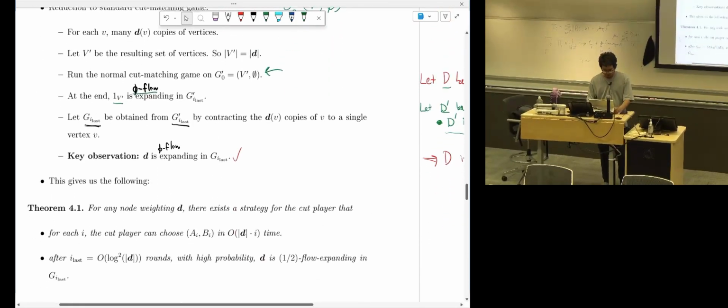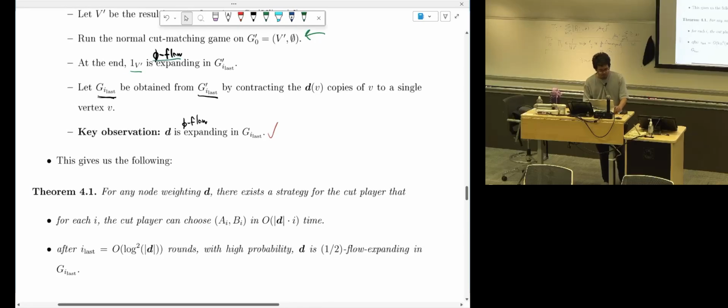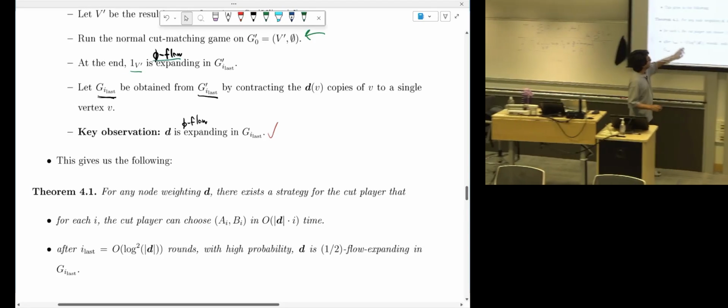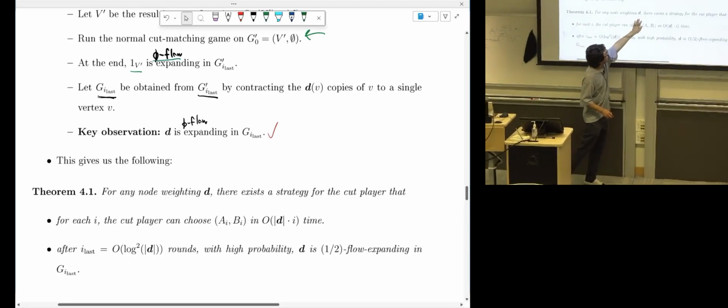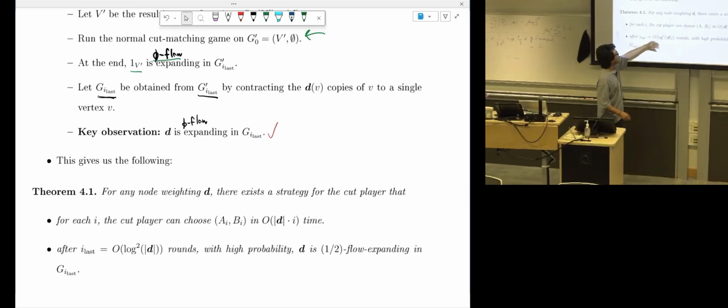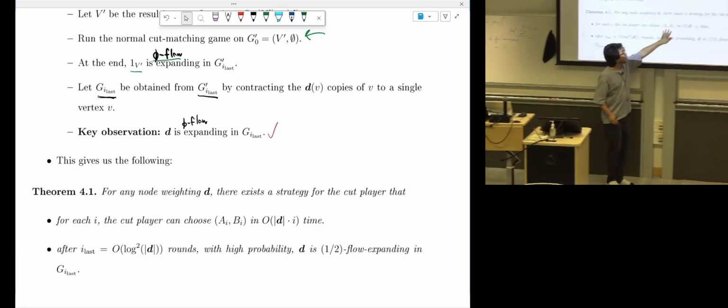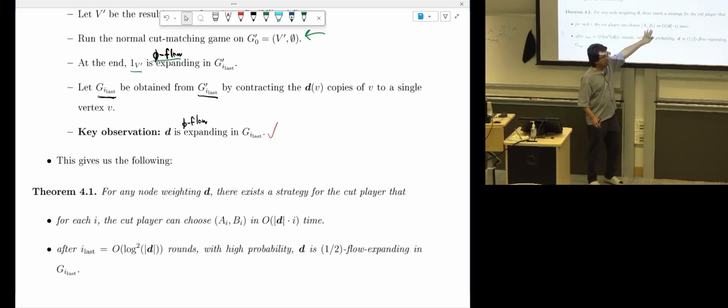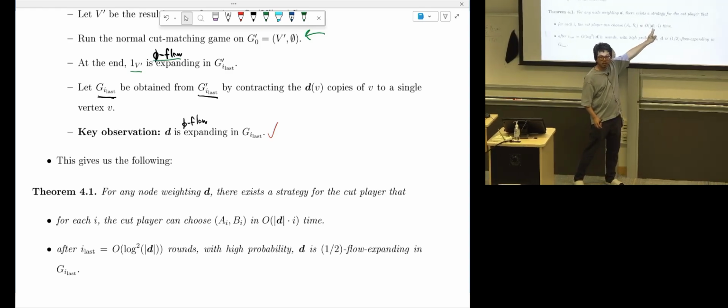And what does this give us? It means that given any node weighting D, there is a way for the cut player to choose A_i and B_i in time D times something. Why D?